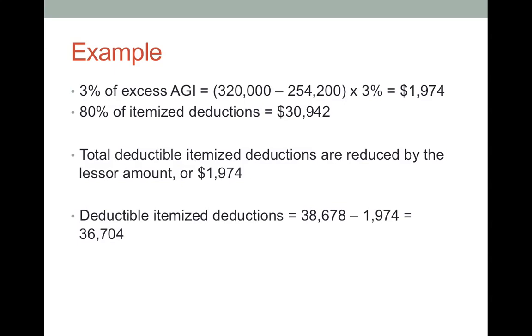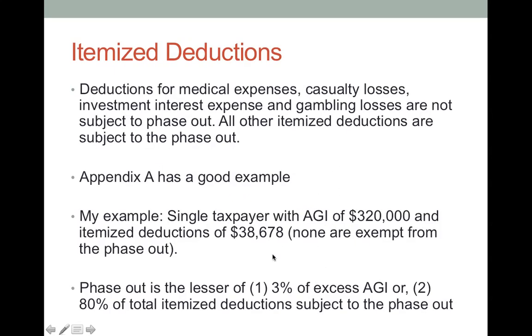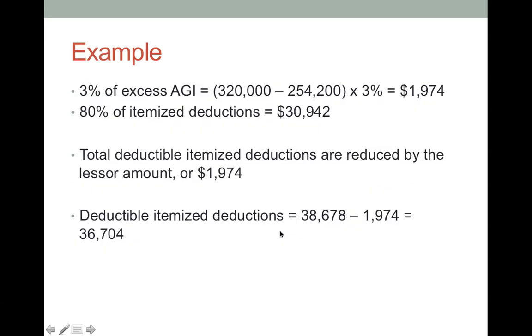That's 80% times itemized deductions of $38,678. So that's where that number comes from. And we take the lesser of those two amounts. Obviously, the first number is the lesser by far, so we have to reduce this taxpayer's itemized deductions by $1,974. The amount that we calculate is a reduction in deductible itemized deductions.